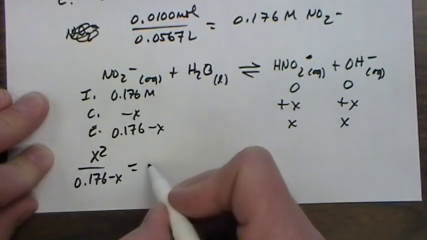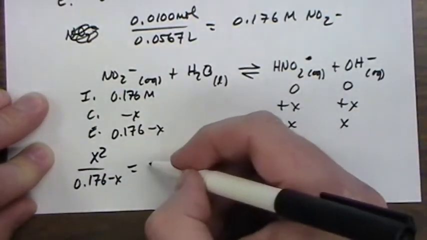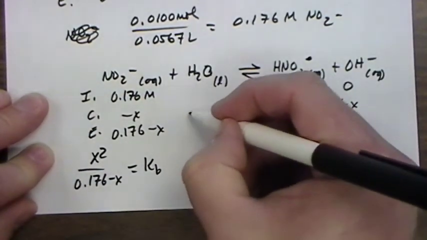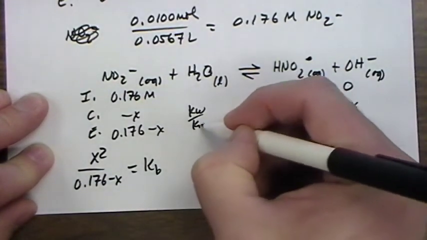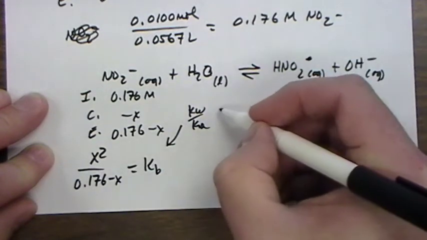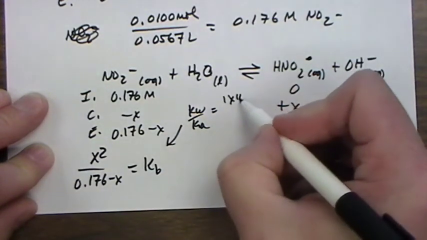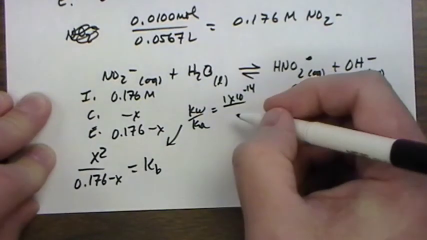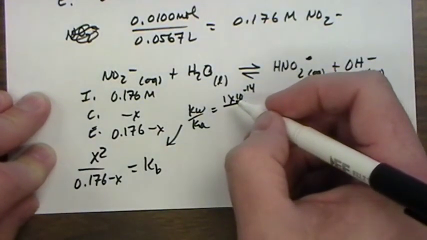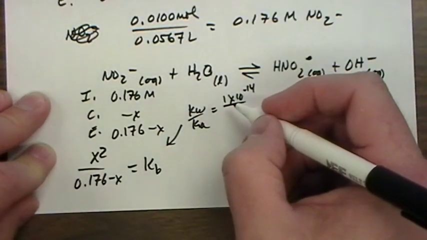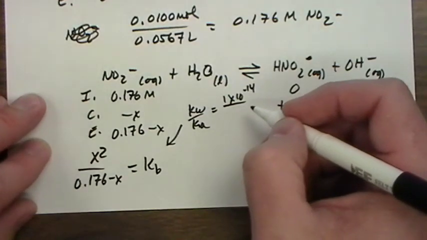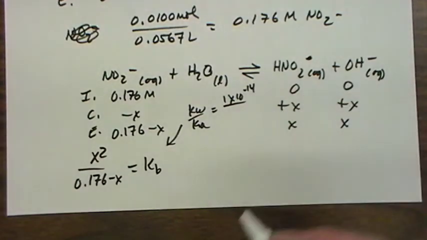And this is going to be a Kb. The Kb that we have here is going to come from Kw divided by Ka. So that's 1 times 10 to the minus 14 divided by the Ka for this expression, this is for nitrous acid. Ooh, I don't know if I have that sitting around handy. Of course not. Hold on.